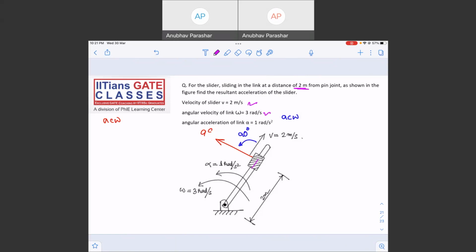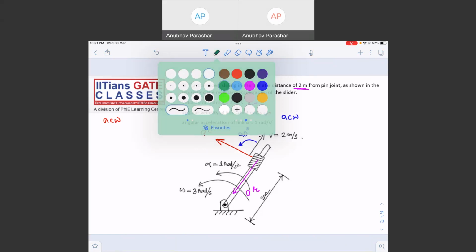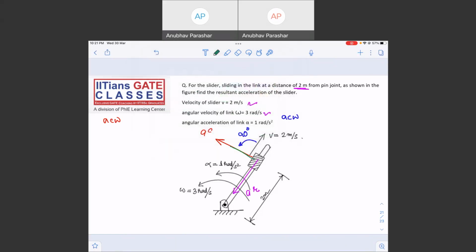There will be radial acceleration AR, there will be Coriolis acceleration, and also there will be a tangential acceleration AT. Right?